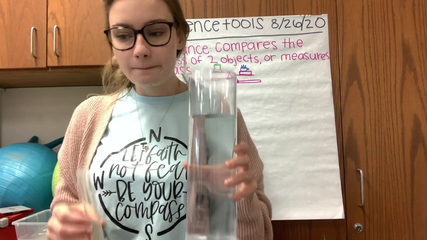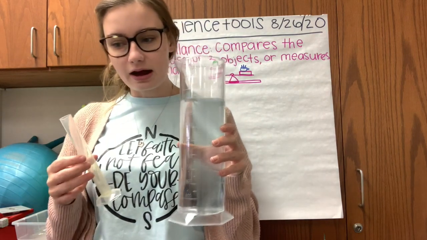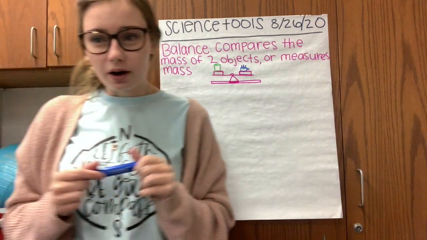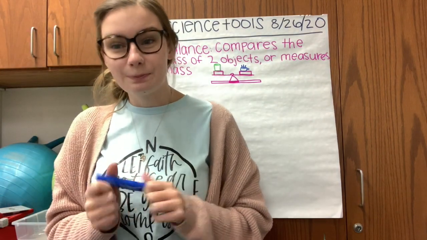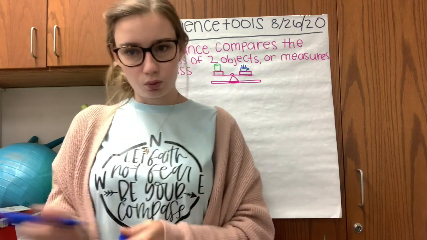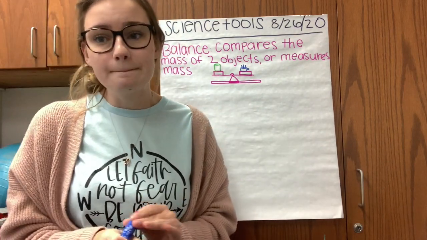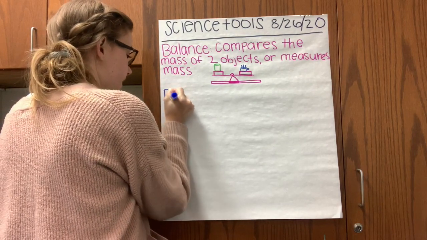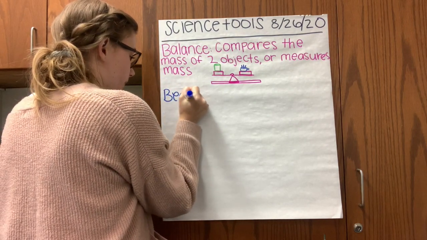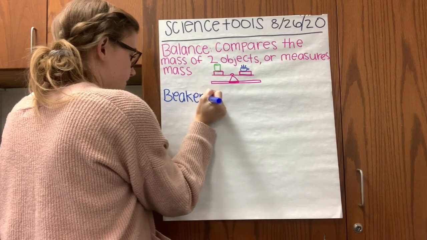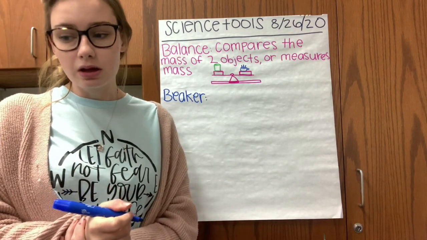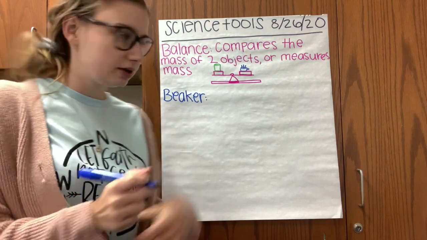They both measure the volume of an object or a liquid. We're going to talk more about what that word volume means, but for now we're just focused on the tool. So you're going to write beaker. And a beaker measures volume of an object or a liquid.